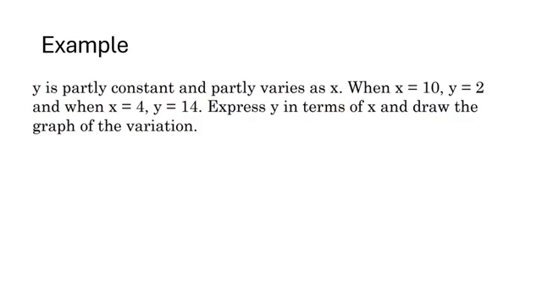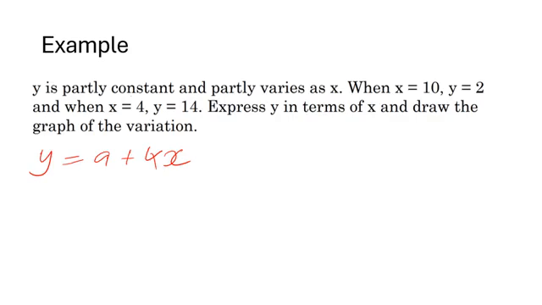So y is equal to partly constant. We let our constant be a, plus partly varies, so a constant k times x. This is the general partial variation equation that we can derive from that statement.